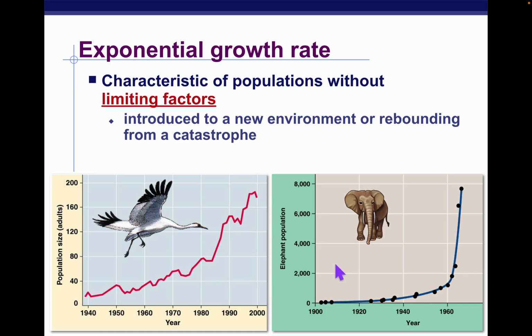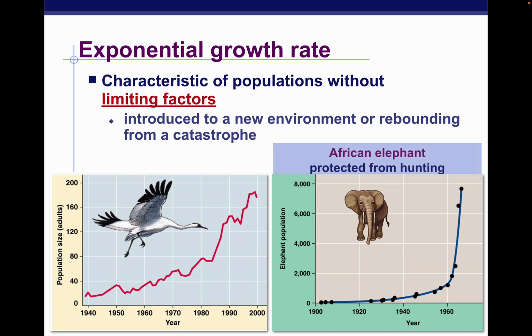So as you can see here, their population was low, and then it just skyrocketed. So after approximately 60 years, the large number of elephants caused enough damage to the park vegetation that there was a collapse in the food supply. And then it stopped population growth due to starvation, unfortunately. So we have limiting factors here. Okay.